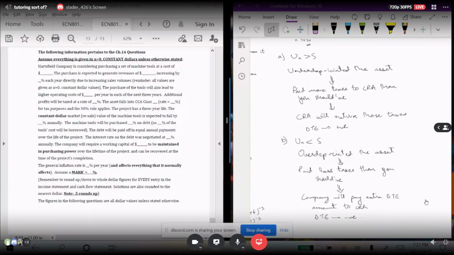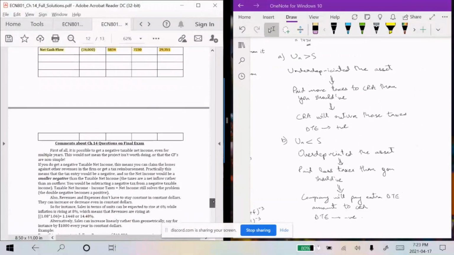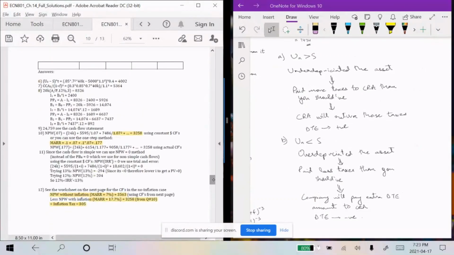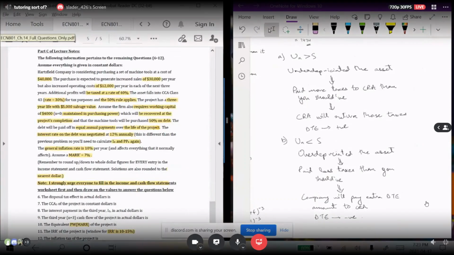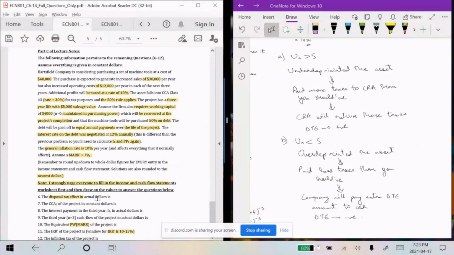That is the relationship between the DTE and what the company would pay to the CRA. It is possible that he could ask a question instead of asking you to calculate. Here he said calculate the disposal tax effect in dollars. He could instead say how much would the company need to pay, or how much would the CRA need to pay the company.